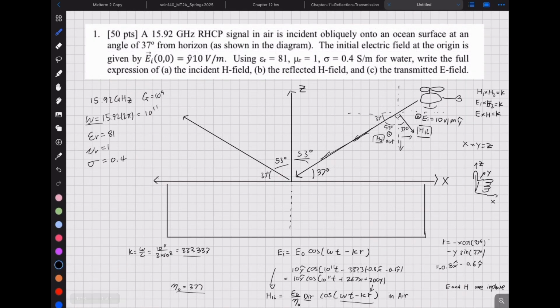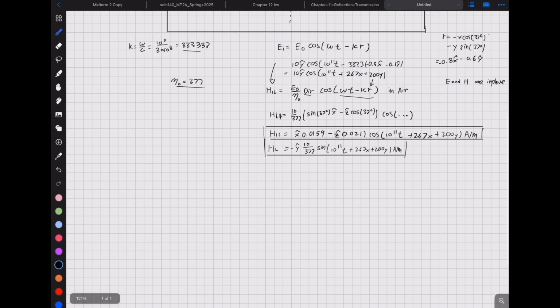We will be finding the reflected H field now. So when working with reflected or transmitted, we need to work with the loss tangent. And that's an important part of problems like these. Loss tangent is given as sigma over omega epsilon, sigma over omega epsilon naught epsilon r.